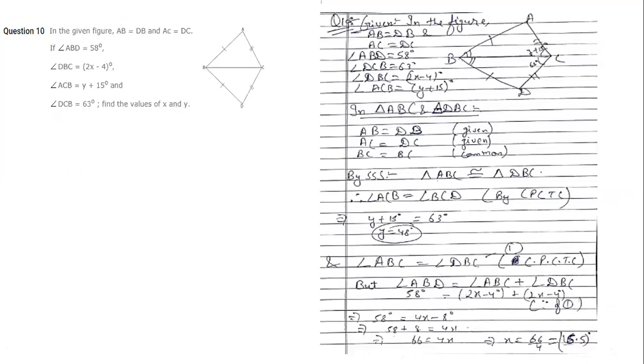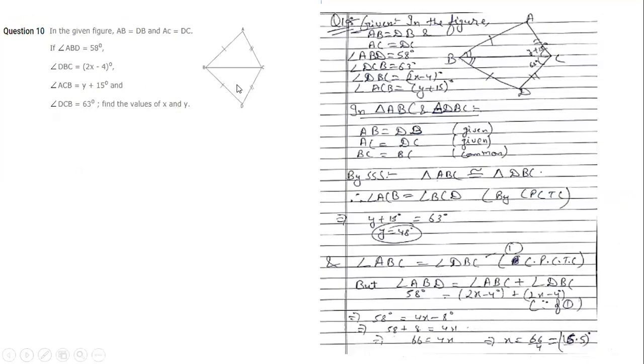So AB plus AB is twice AB, and AB is equal to DC. You can directly write it as DC. You can say AL is equal to AB plus BL, BL is equal to DC from the first, AB is equal to DC from the second. So AL is DC plus DC, that means twice DC. Hence proved. Come to question number 10.